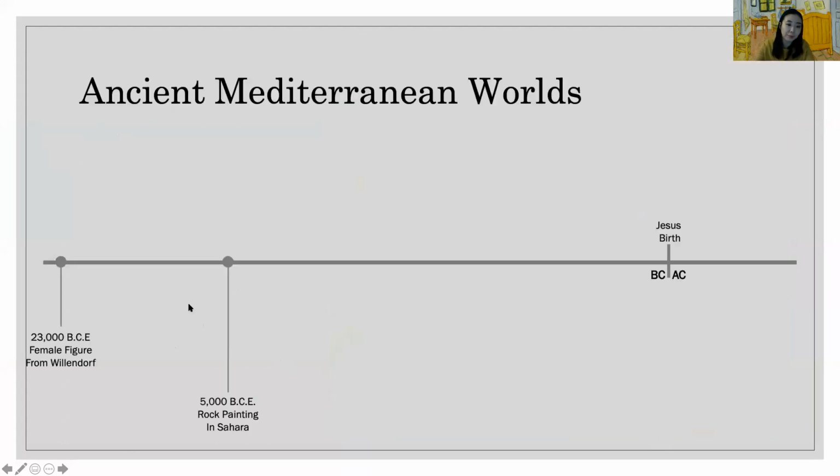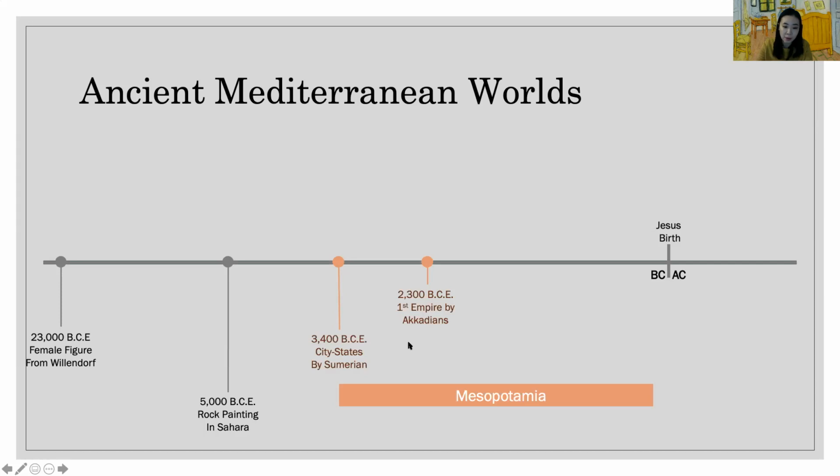So let's see the ancient Mediterranean world's timeline again. In Mesopotamia, we saw a city-state by Sumerian, and the first empire by Akkadians, and the second empire by Babylonian, and the third empire by Assyrian, and the last empire by Neo-Babylonian.